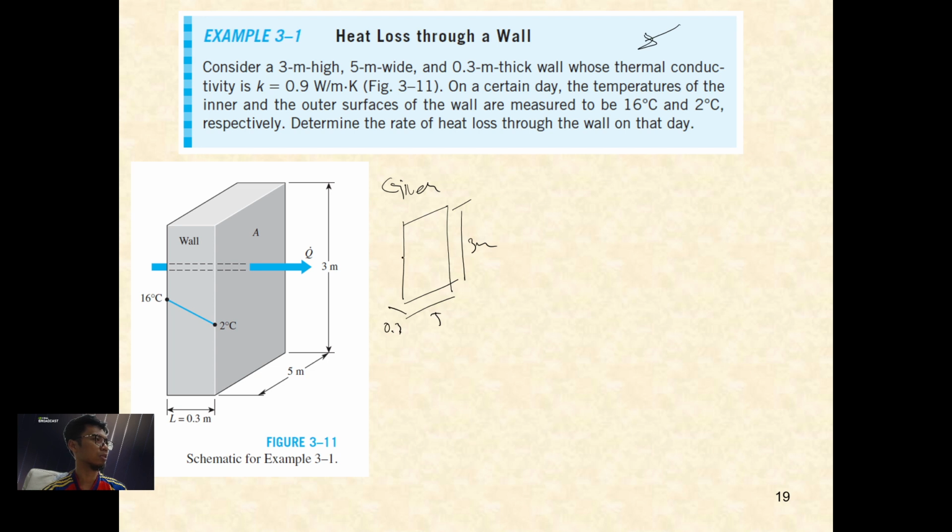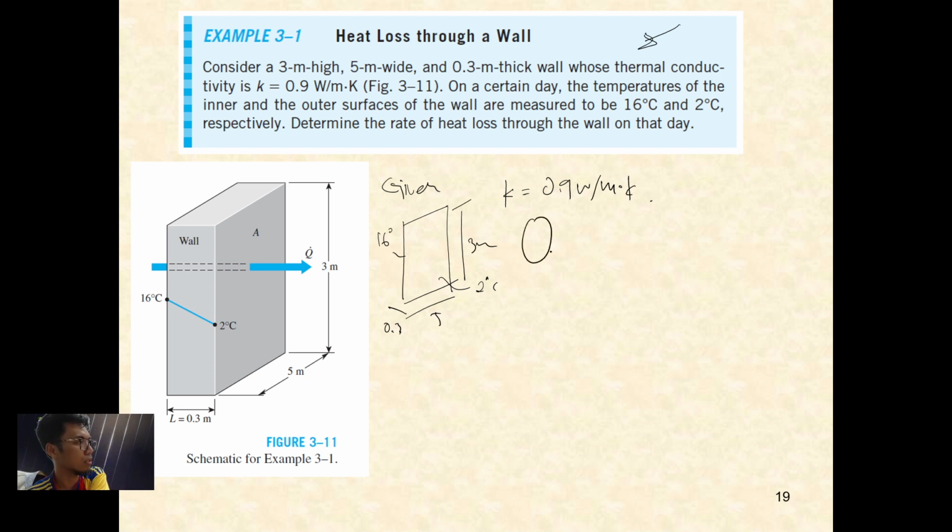So temperature, the hottest part is 16 degrees, the cooler part is 2 degrees Celsius. Fine, not fine yet. K given, K of the wall is 0.9 W/m·K. Okay, K is referring to Kelvin there.